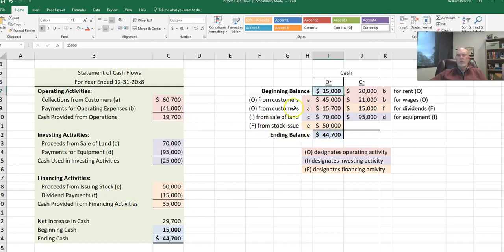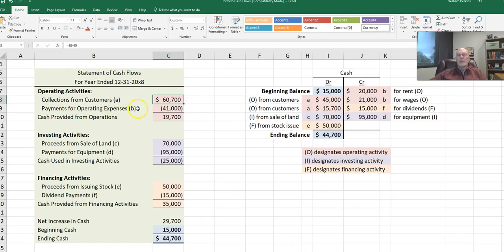So for example, here we have these items A in the pink that represent collections from customers. If we were to add those up, it gives us total collections from customers of $60,700. We also had some payments for various expenses, like here we had $20,000 for rent and $21,000 for wages.